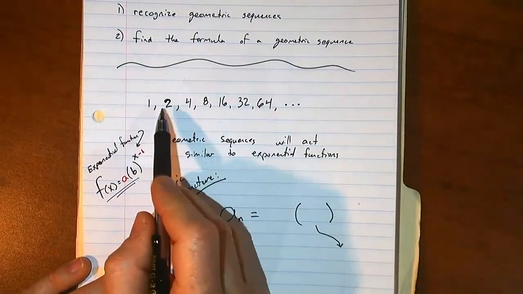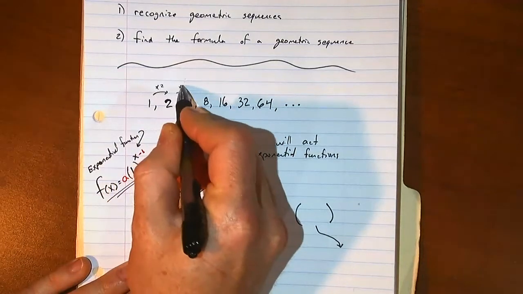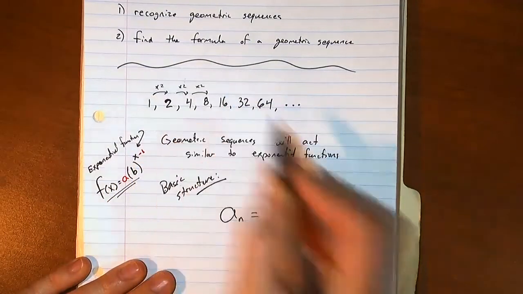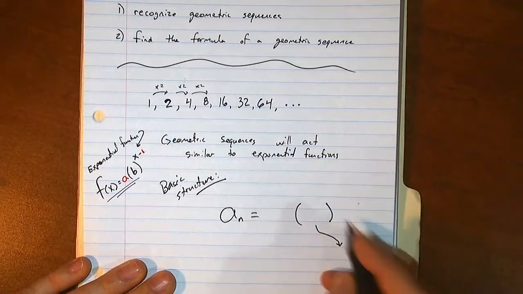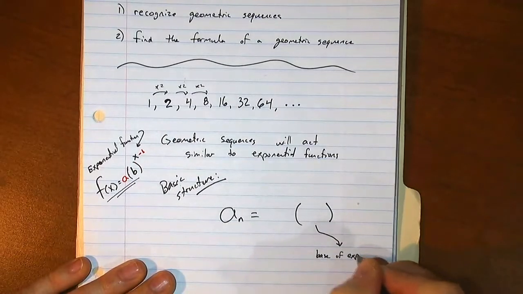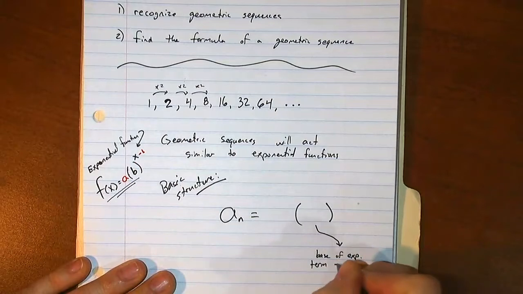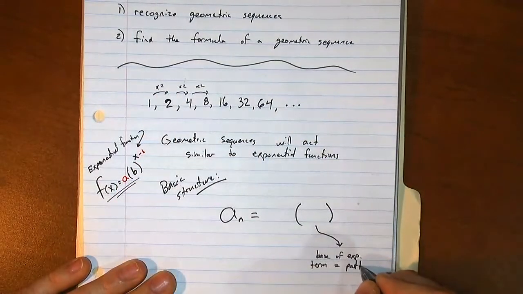So in the example that I have up here, my pattern is that I'm multiplying by 2 every single time. So that means my base would be a 2. So the base of the exponential term will be equal to whatever your pattern is that you've got up here.